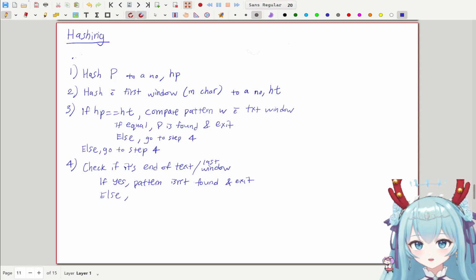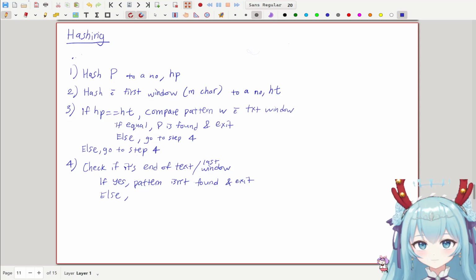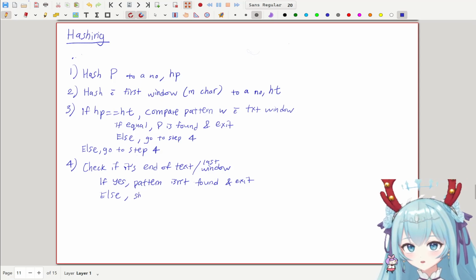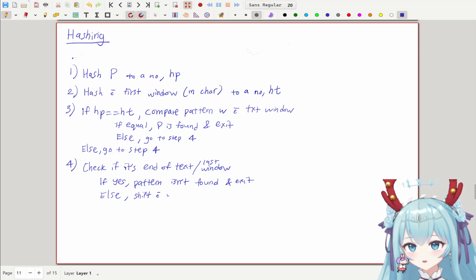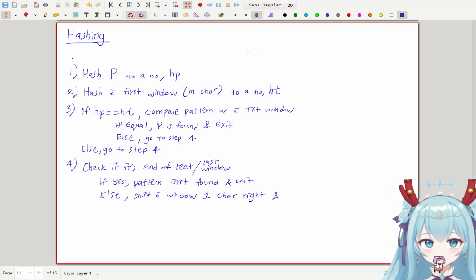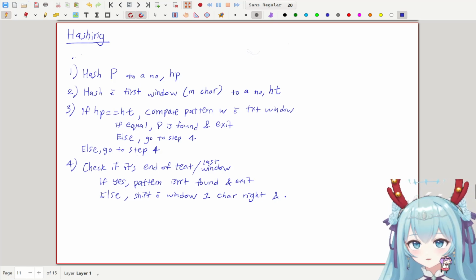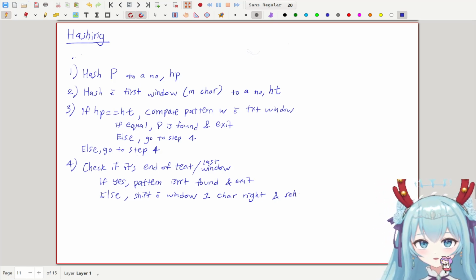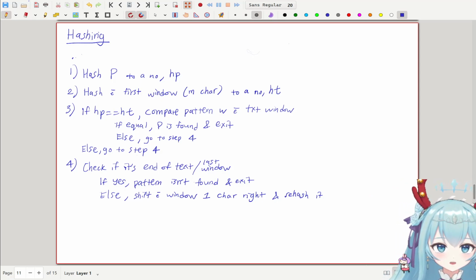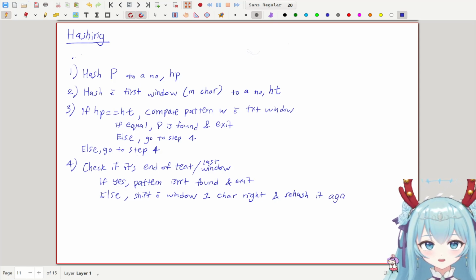Else, if the pattern isn't found yet and it is not the last window, then we just shift the window one step over. Then rehash it again, because it may end up being rehashed to the same number.